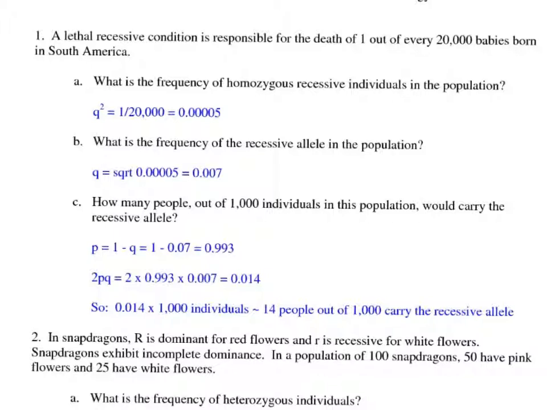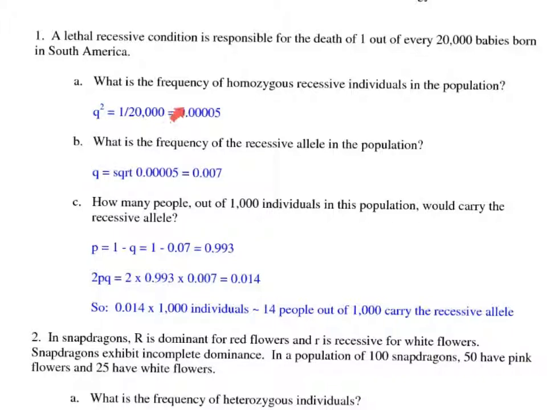What is the frequency of the homozygous recessive individual in the population? We take 1 divided by 20,000, and this will give us our frequency of the homozygous recessive individual, which is q squared.